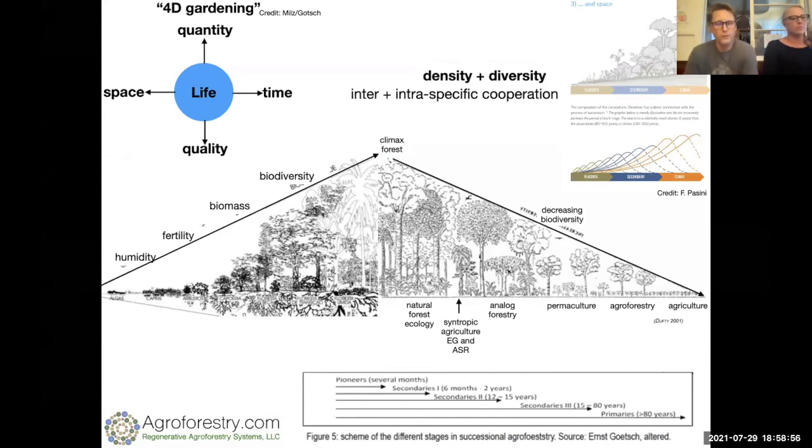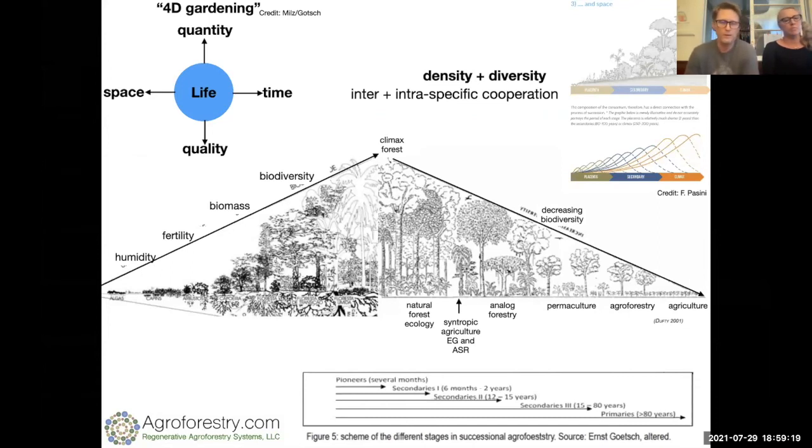So what we do is we accelerate that process, and we try to create analog ecosystems where we fill in all of the different niches that would otherwise be filled by whatever the original ecosystem is. So we create this analog ecosystem, an agro ecosystem.